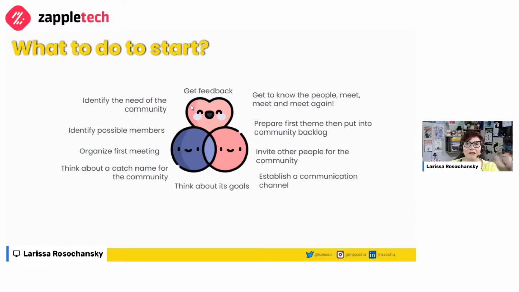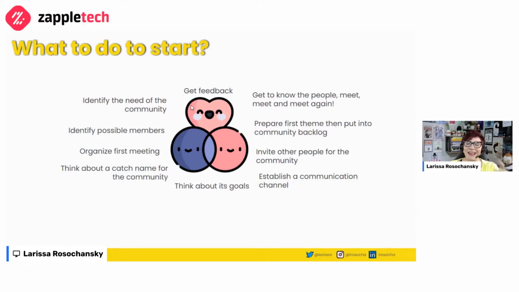And after I have these roles, how will I find the people that have those roles? So I start to identify the possible members. After I know what my community needs and who will be part of this community, I will organize the first meeting.